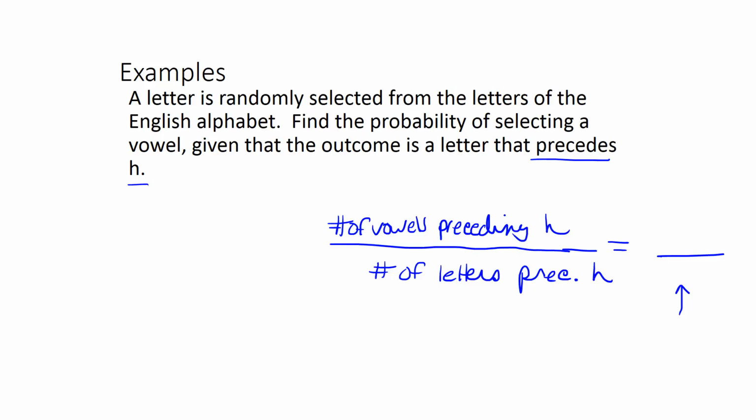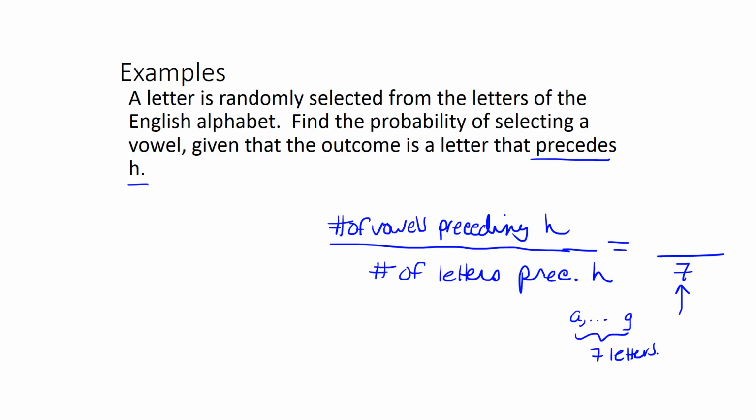So if you count those up, A, B, C, D, E, F, G, that's 7. You don't count H. Preceding H means before H. So that's A through G, and that's 7 letters.